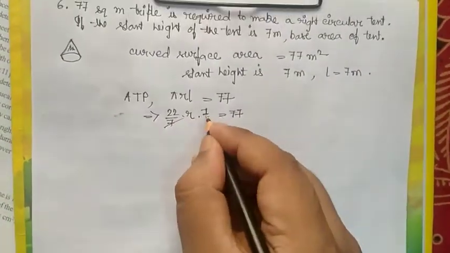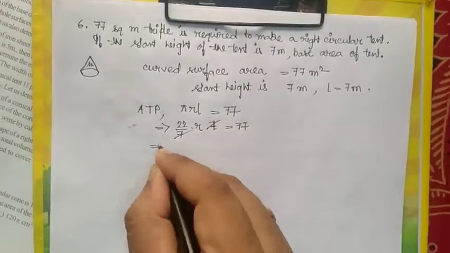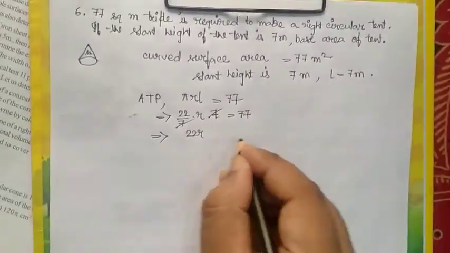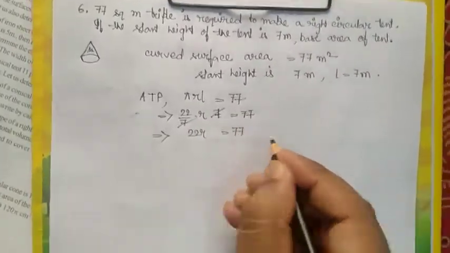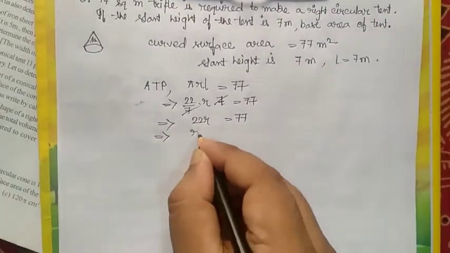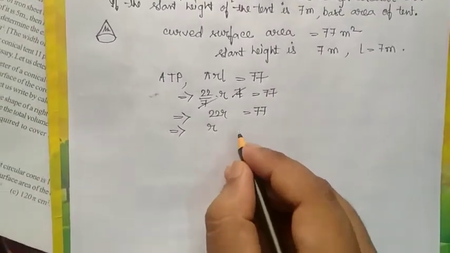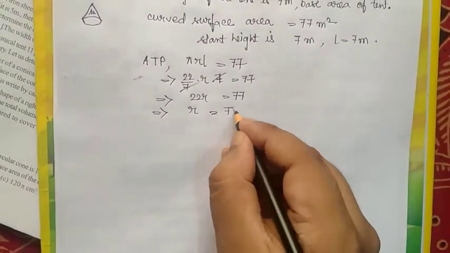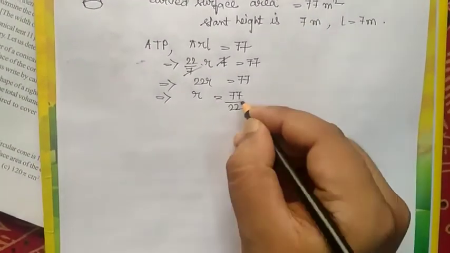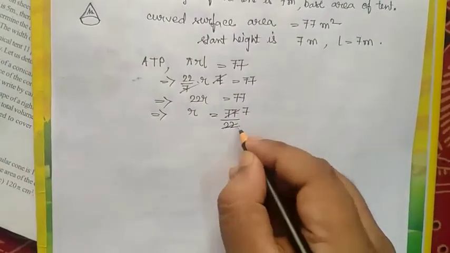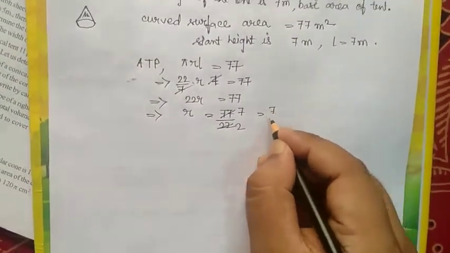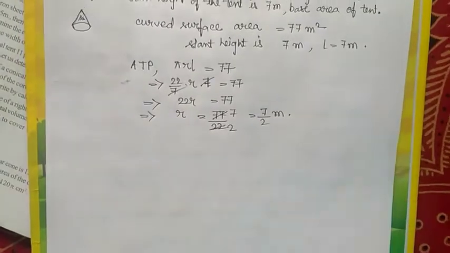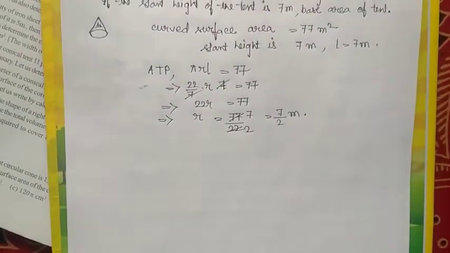Now eliminate 7 and 7, so we can write 22R equal to 77. So radius equals 77 by 22, eliminating by 11, we get 7 by 2 meter. So the radius is 7 by 2 meter.